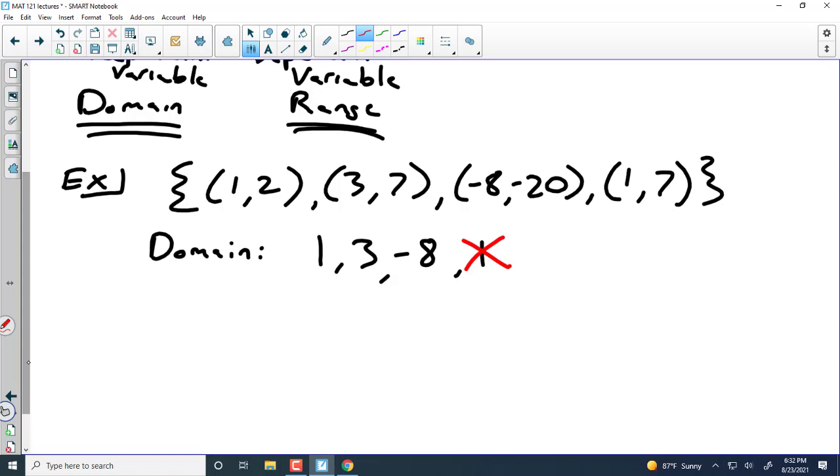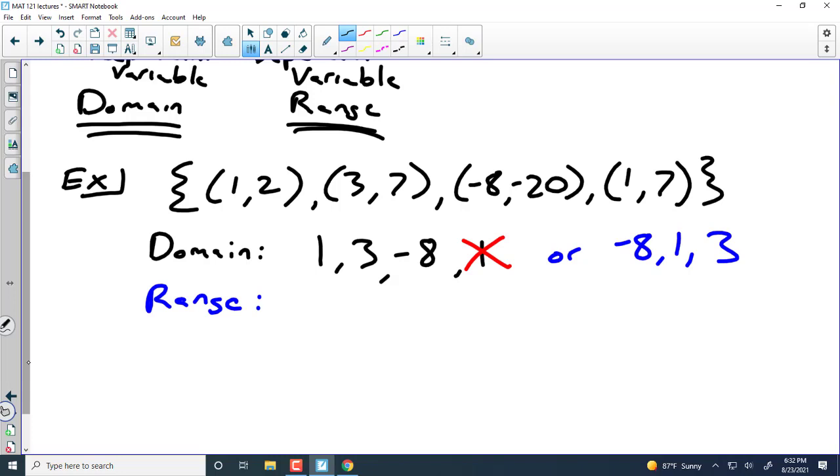What's nice is it doesn't matter what order. So if you prefer to go in ascending order rather than the order you see them, I just wrote them as I saw them going across. But someone else might say, I think I'd rather write them from smallest to largest. That's going to give you full credit also. And then when you do your range, you just look at the second numbers. 2, 7, -20, another 7.